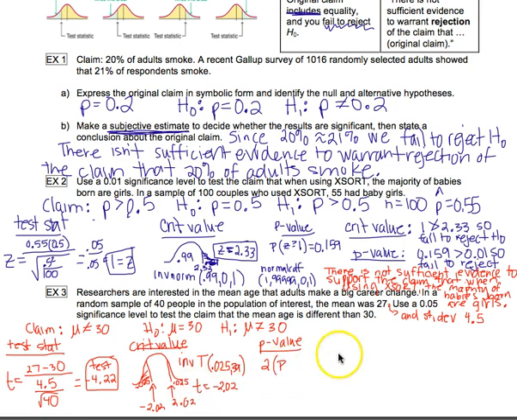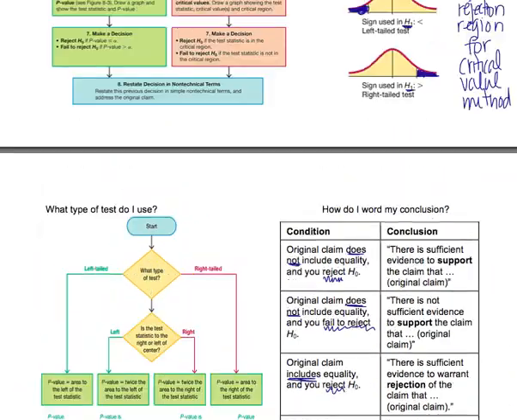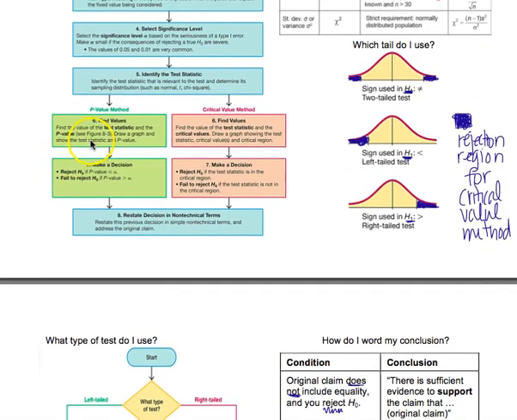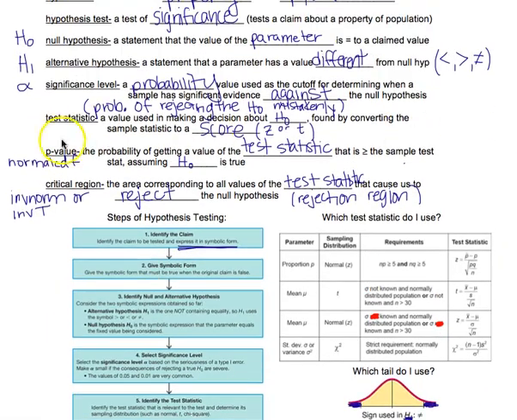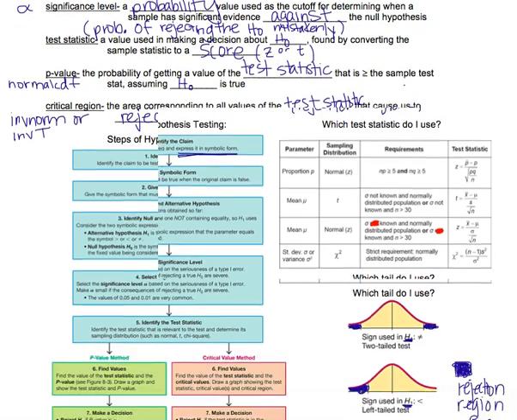So in this case, remember that when we're using the p-value method down here, we're finding the probability, so by definition of p-value, the probability of getting a value of the test statistic that's greater than or equal to the sample test statistic.